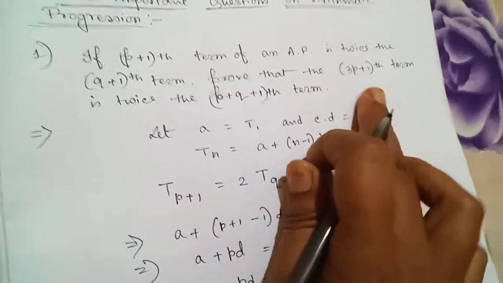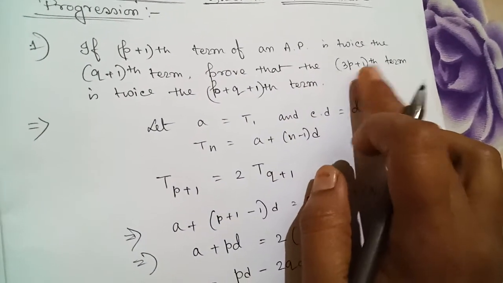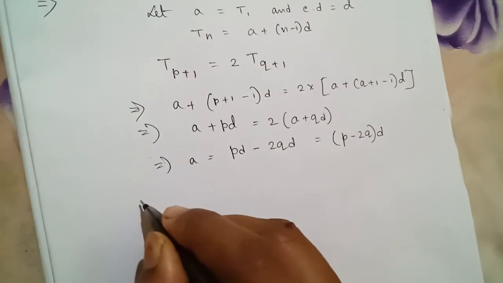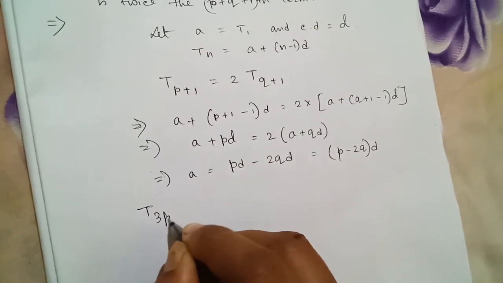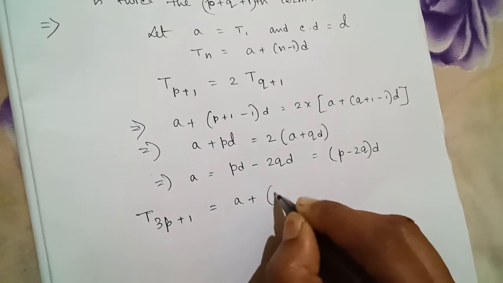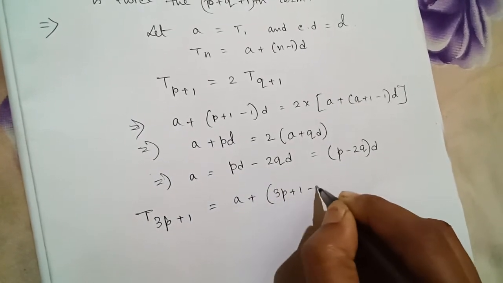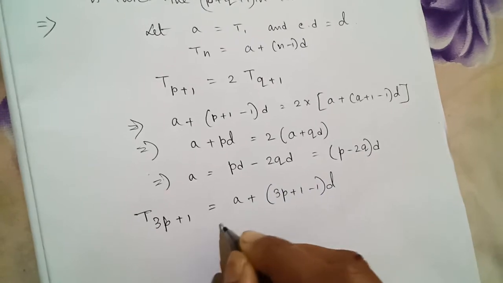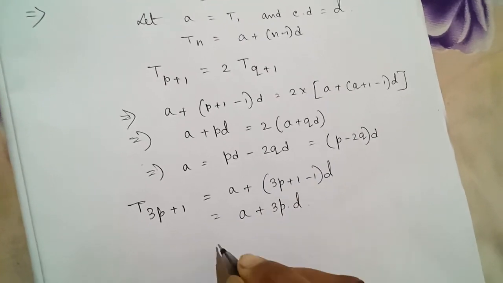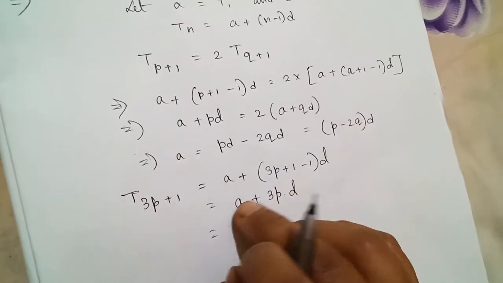Now what we have to prove? We have to prove the 3P plus 1th term is twice this term. So first we will find the 3P plus 1th term. It will be A plus 3P plus 1 minus 1 into D, that means A plus 3P into D. Now we will put A's value here.